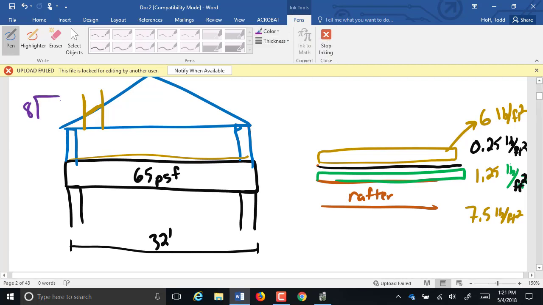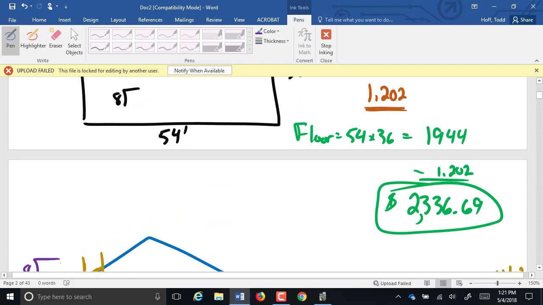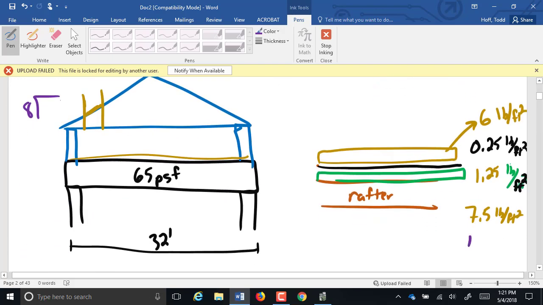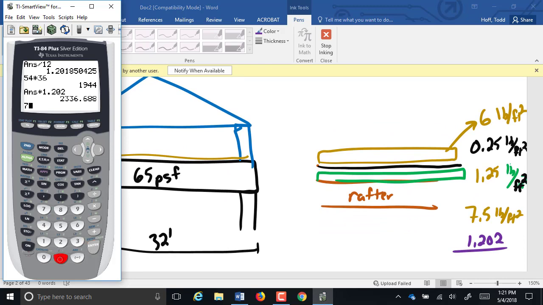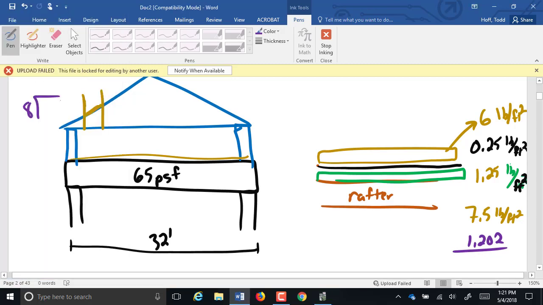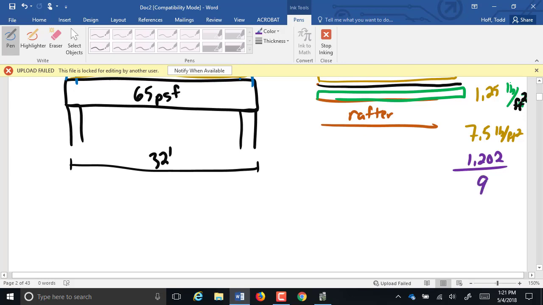We just had that correction factor of 1.202. So that's 7.5 pounds per square foot multiplied by 1.202. It actually is 9 pounds per square foot of materials. So the steeper that slope gets, the more you have to correct the weight of the building materials. If that makes any sense.